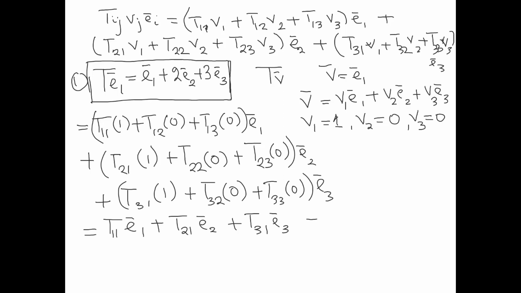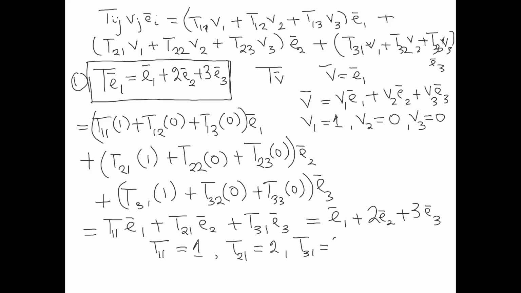And that should be equal to E1 plus 2E2 plus 3E3. So comparing the left-hand side and the right-hand side, you will see that your T11 is 1, your T21 is 2, and your T31 is 3.